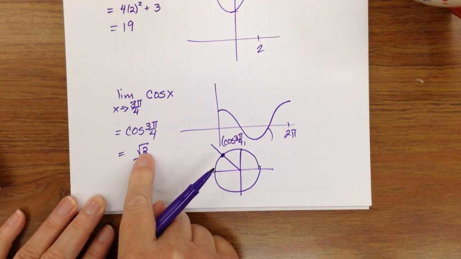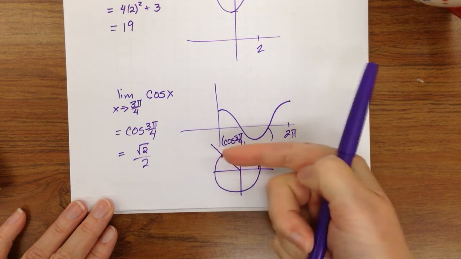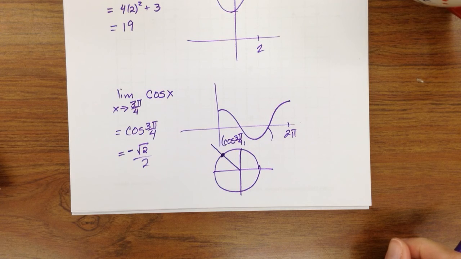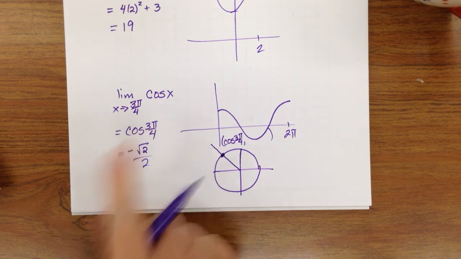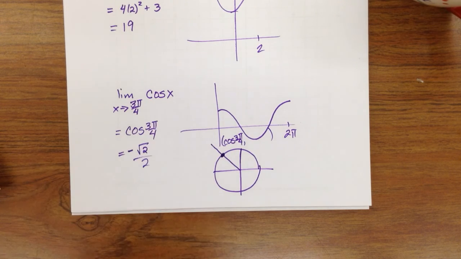But in this quadrant, the x's are on the left, so the answer is negative. That is a little pre-calc reminder of how to evaluate a trig function. But the direct substitution is how we answer the limit. Campers, if you can use direct substitution and you don't get any weirdness, you don't get any division by 0, do it.